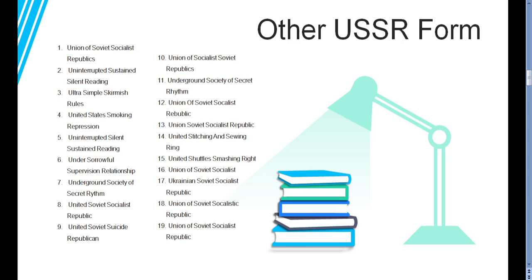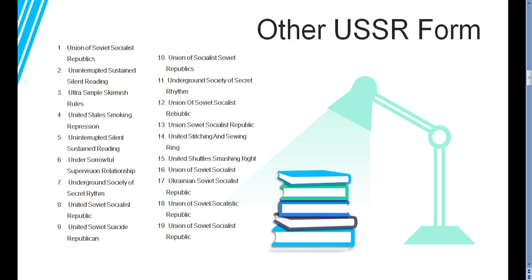Second is Uninterrupted Sustained Silent Reading. Third one is Ultra Simple Skirmish Rule. Fourth one is United States Smoking Repression. Fifth one is similar to the second.